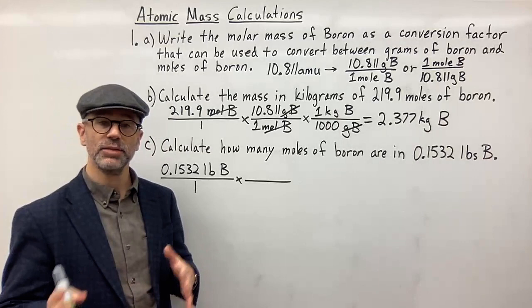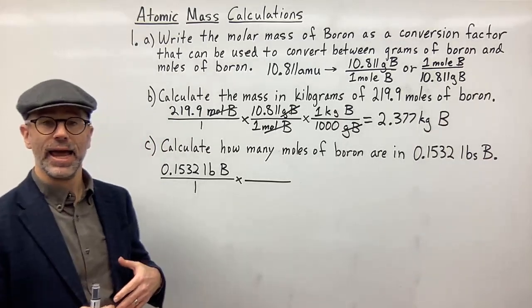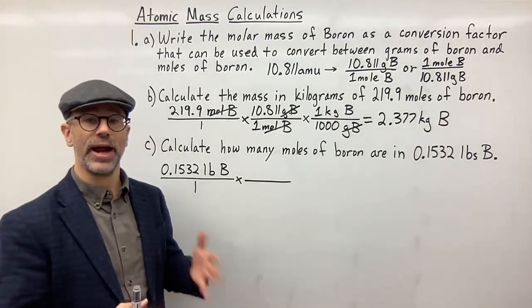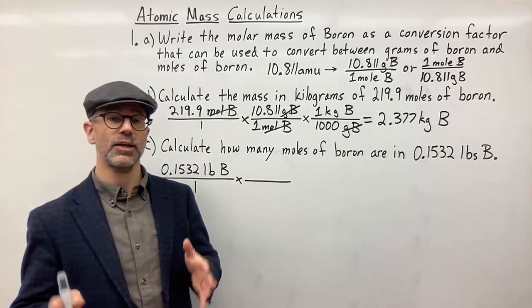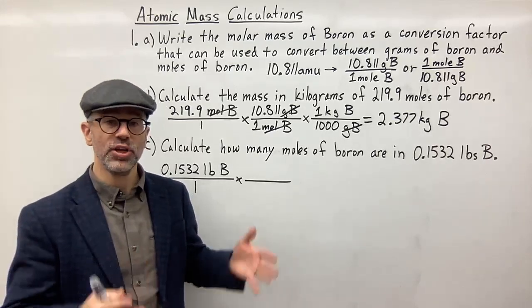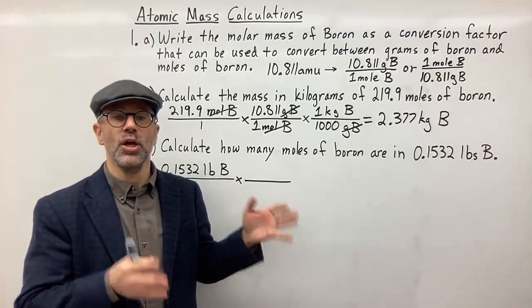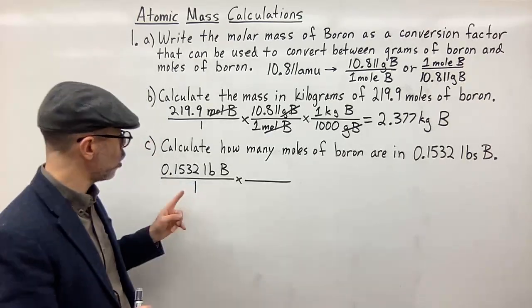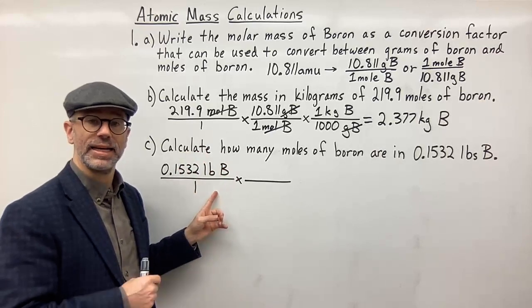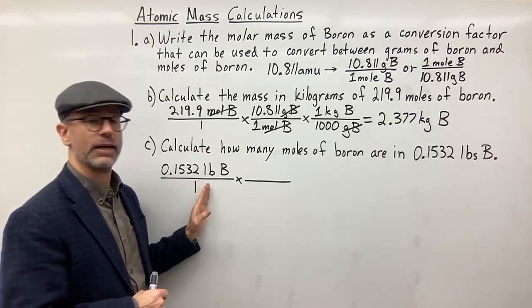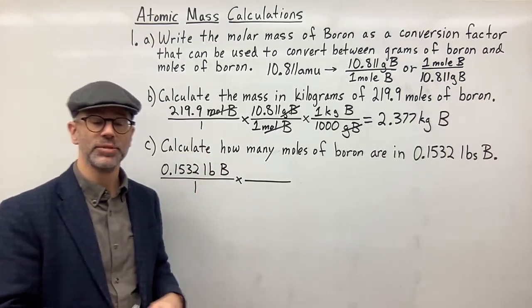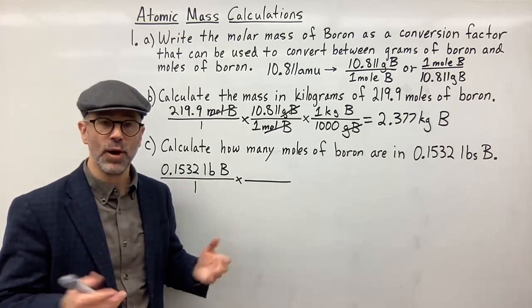And I'm going to need to get to moles. Now, in order to get to moles and use molar mass, I need grams, right? I can't convert to moles using the molar mass unless I have grams, because it's a conversion between grams and moles. So that's my first thing that I need to get to. So how am I going to get from pounds to grams? There's a number of ways you could do that.